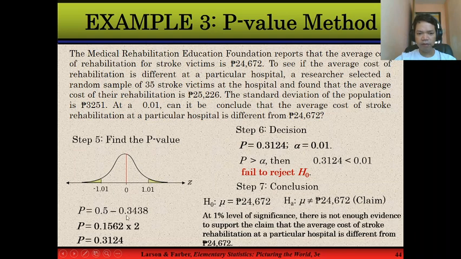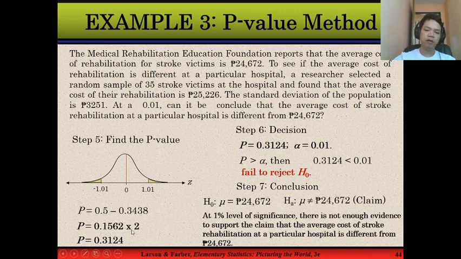So, 0.5 minus 0.3438, so that is 0.1562. So, ibig sabihin, yung isang tail ko rito ay 0.1562. Dahil two-tailed test ito, ita-times 2 ko siya. So, ang p-value ko, times 2 nung area ng isang tail, so that becomes 0.3124.